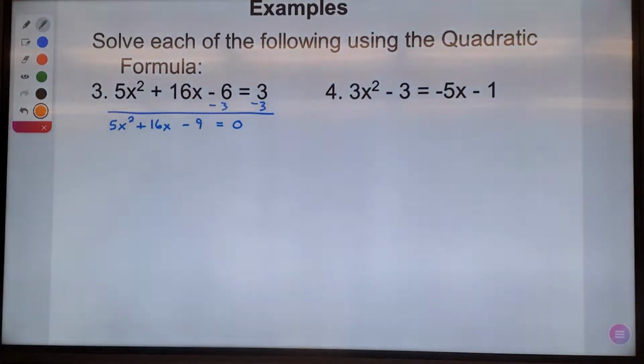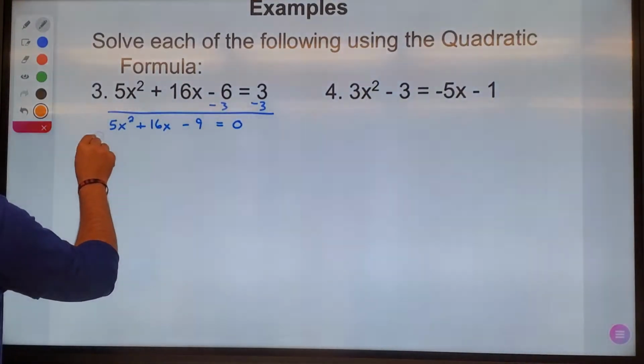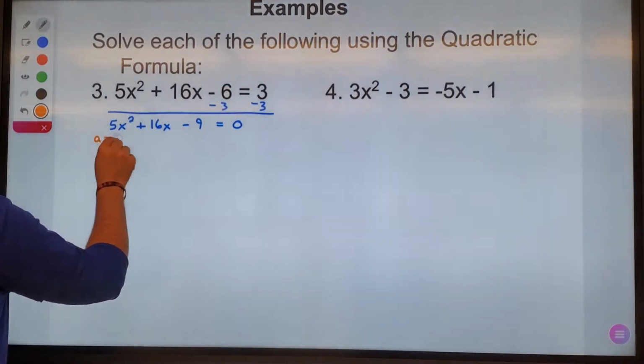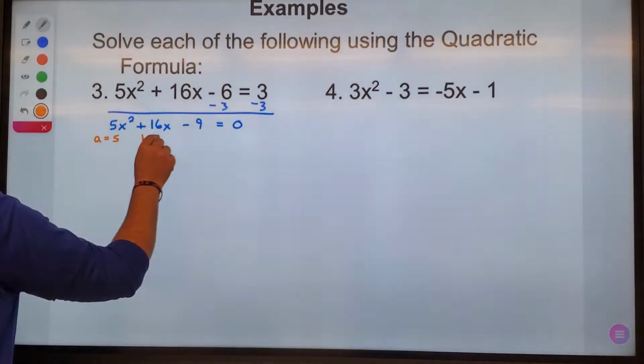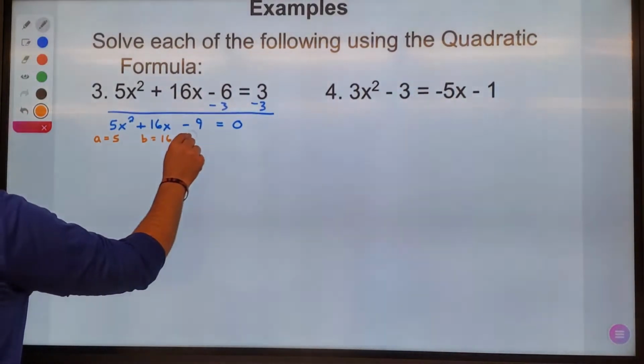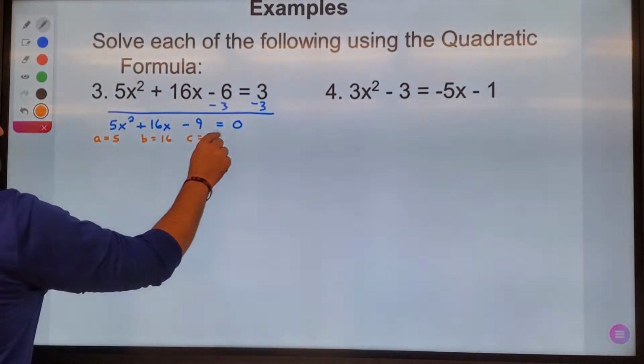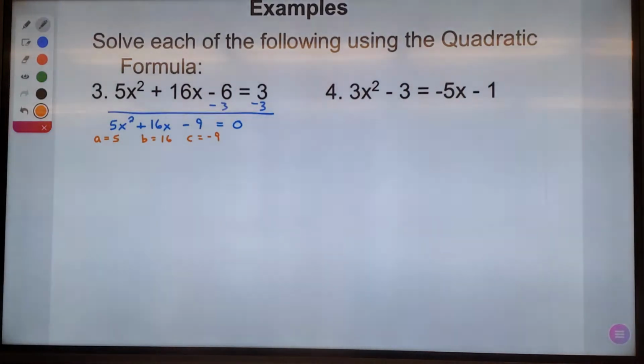Since it's in standard form, I can go ahead and identify my A, B, and C values. A equals 5. B is equal to 16. C equals negative 9.